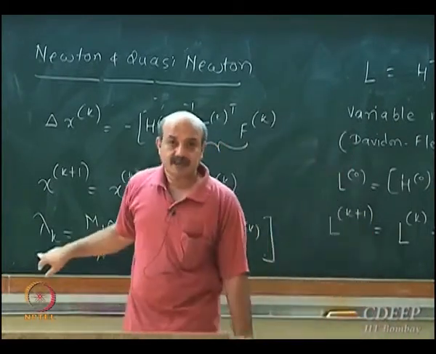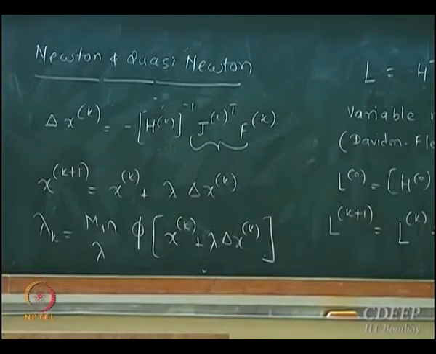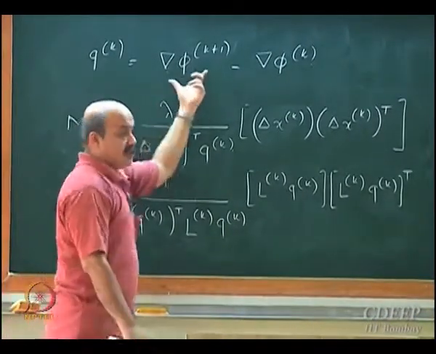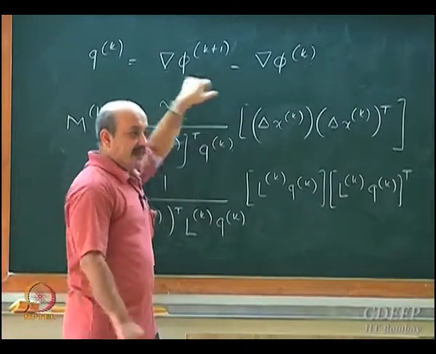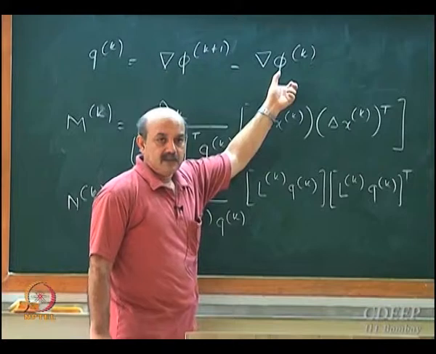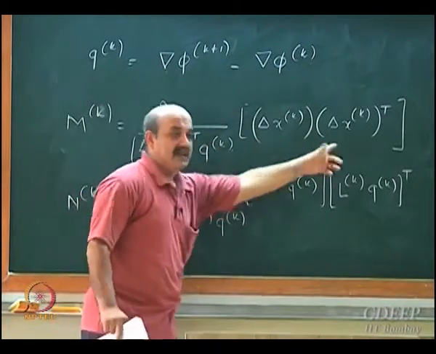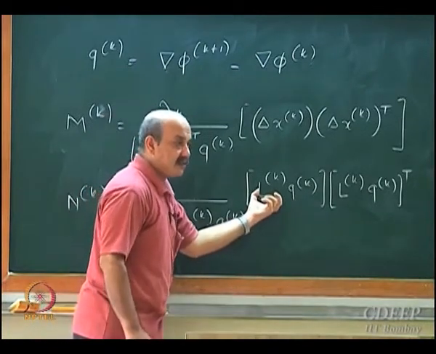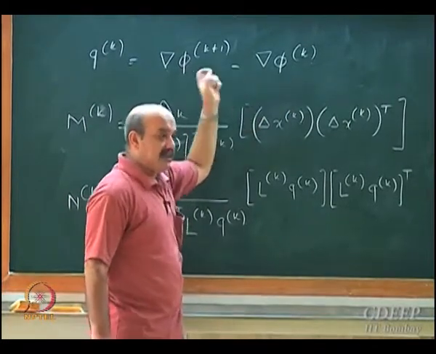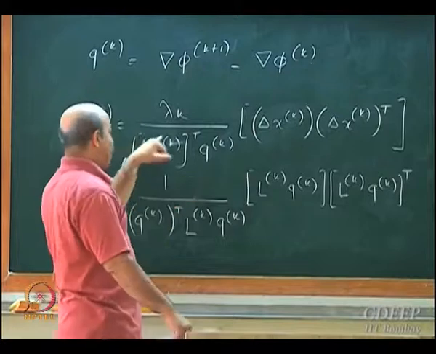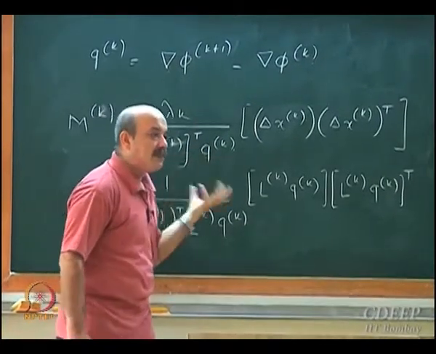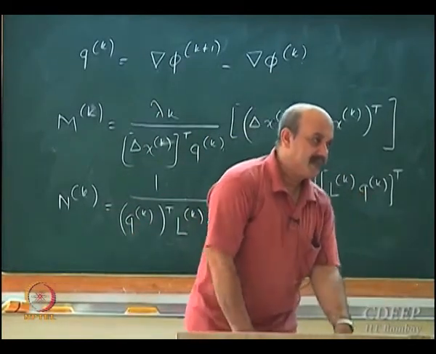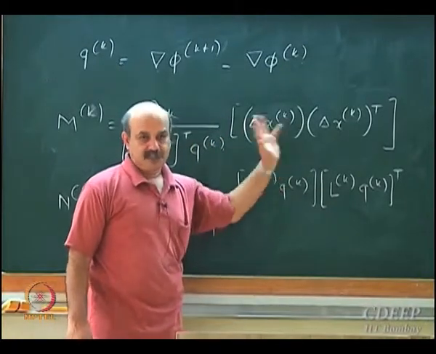So I go back here and find this new gradient at k plus 1, take the difference between the new gradient and the old gradient, and use that with delta xk, the previous inverse, and the lambda k which you have found out, all of them are used to come up with an approximate inverse of the Hessian at the next time step. So that is how quasi-Newton methods proceed.